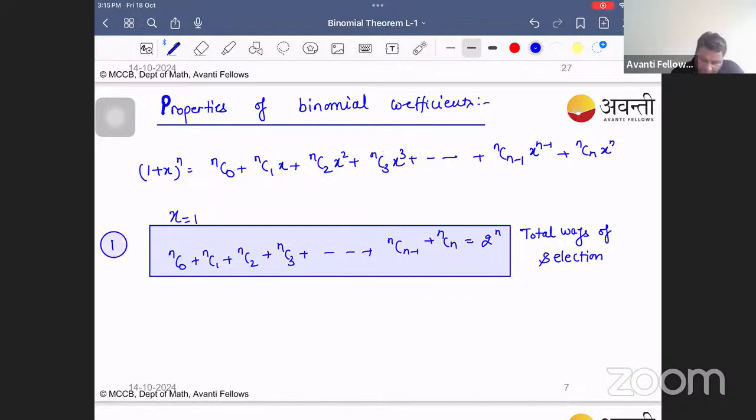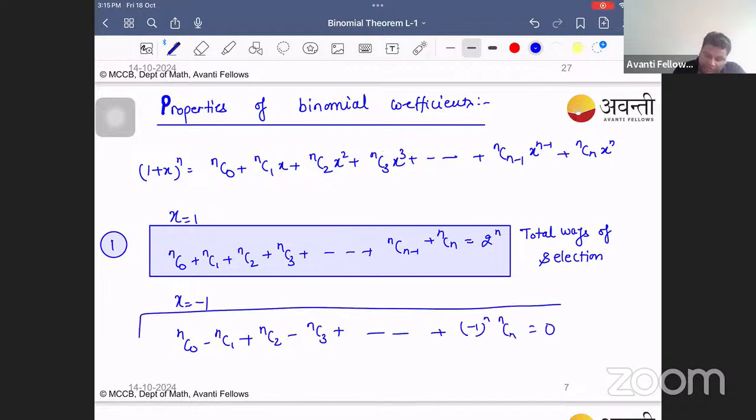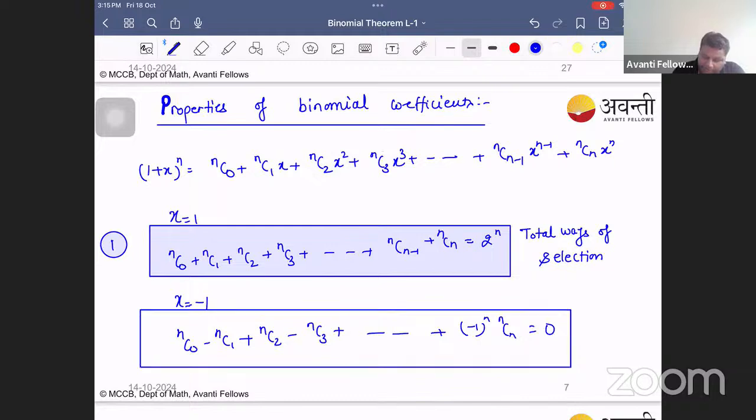Now, if I put x equals to minus 1, what do I get? nC0 minus nC1 plus nC2 minus nC3 and so on, minus 1 to the power n nCn. And this is going to be 0. This is second important result.